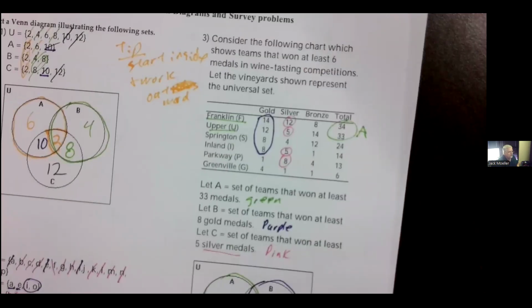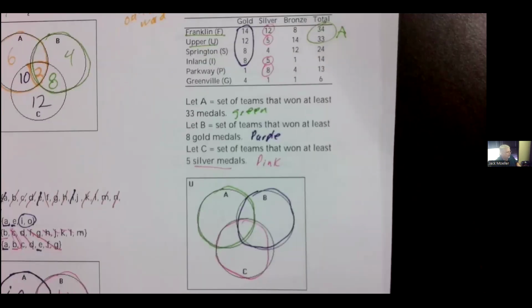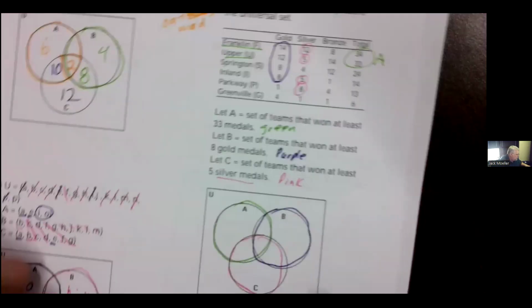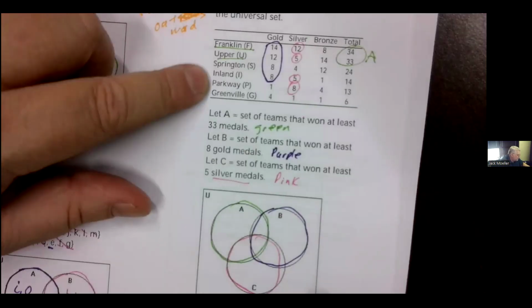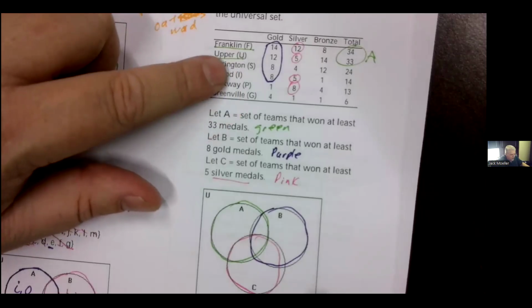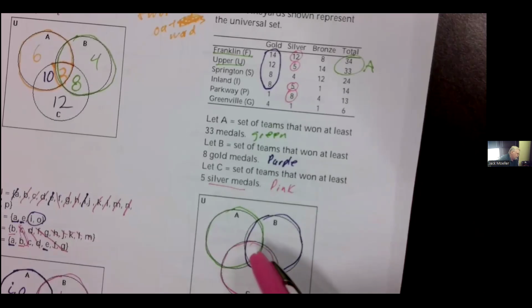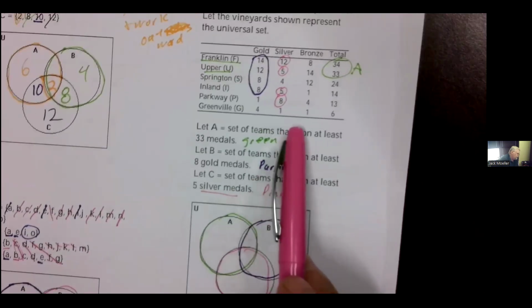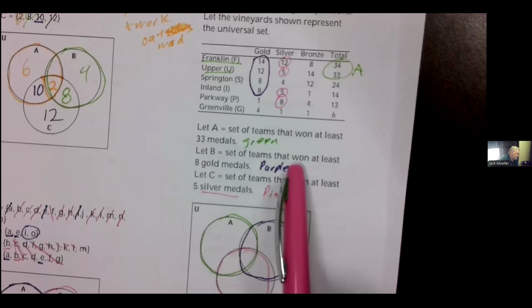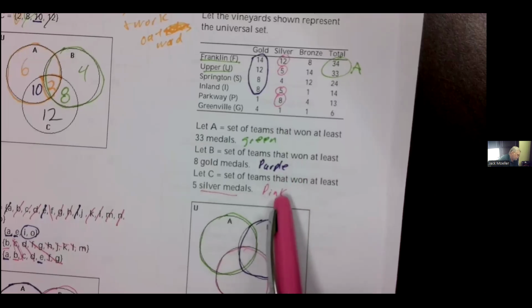What it doesn't say here is that we need to put these in the Venn diagram. Each one of them has a unique initial, so we'll put that. So is there anybody in all three? Is there anybody that had at least 33 medals, 8 gold, and 5 silver?